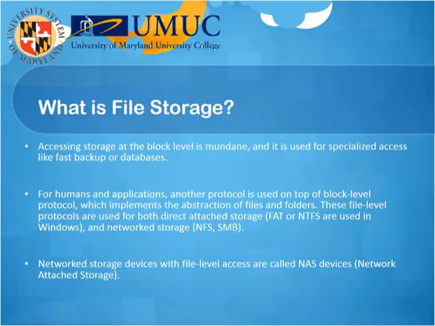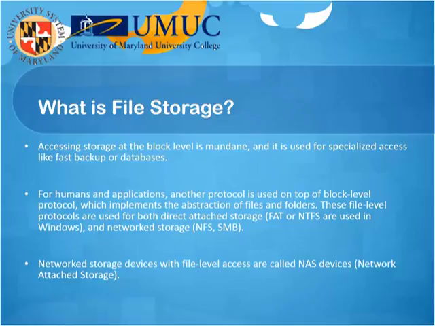What is file storage? Accessing storage at the block level is mundane, and it is used mainly for specialized access, like fast backups, taking storage snapshots, or using databases. For humans and applications, another protocol is used on top of block-level protocol, which implements the abstraction of files and folders.